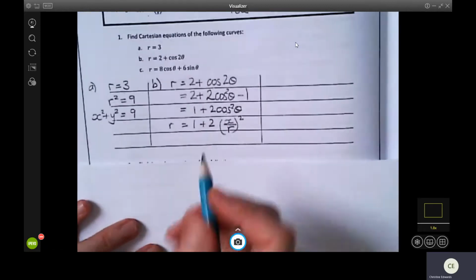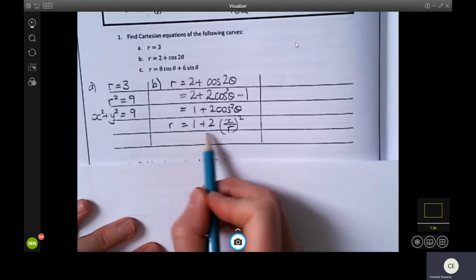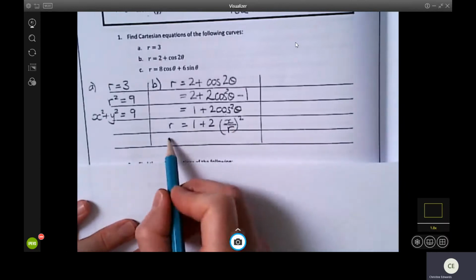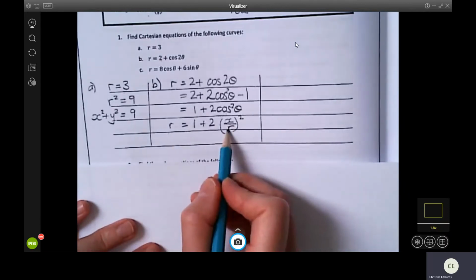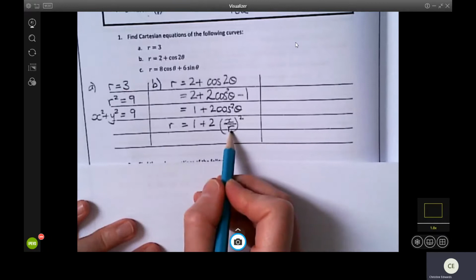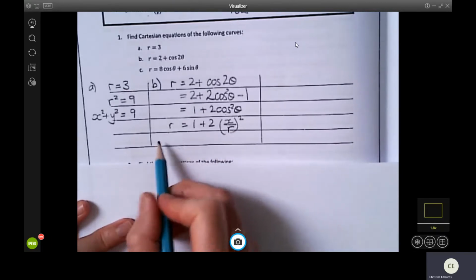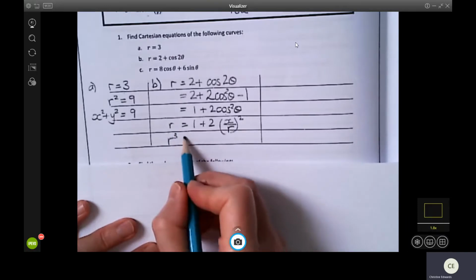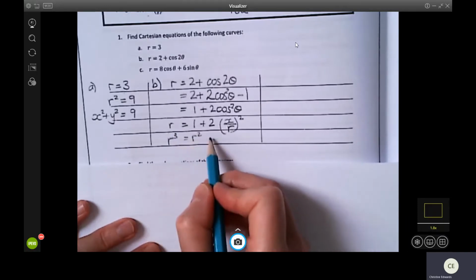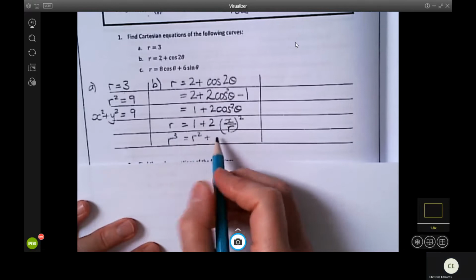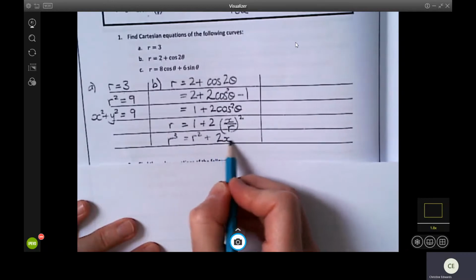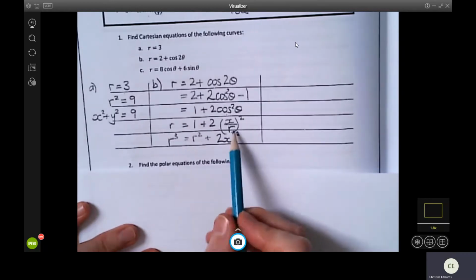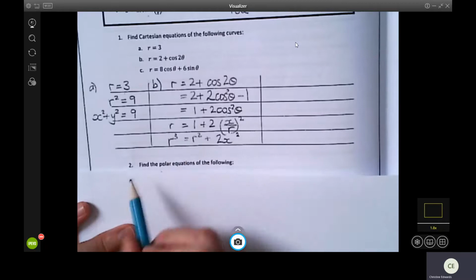Now, I'm going to tidy this up so that I deal with the denominator here. That's going to give me an r squared on the bottom, so I'm multiplying everything through by r squared. That's going to give me r cubed equals r squared plus 2 times x squared. So I've eliminated the cos. Now I've just got to deal with the r's.